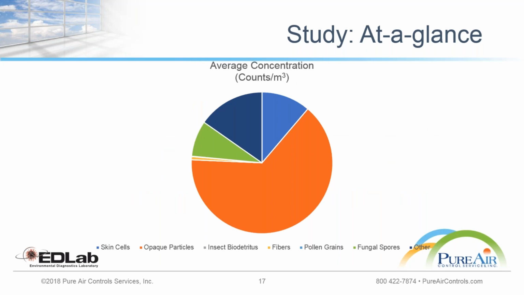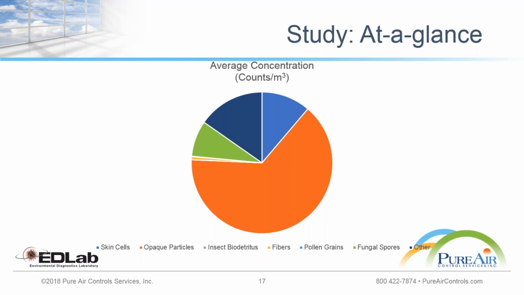Yes, and then the average concentration in terms of the pie chart, you can see that the skin cell, which is indicated here in light blue for a slice of pie, is really after opaque particle and the others biota; the skin cell is really the dominant biota in air.